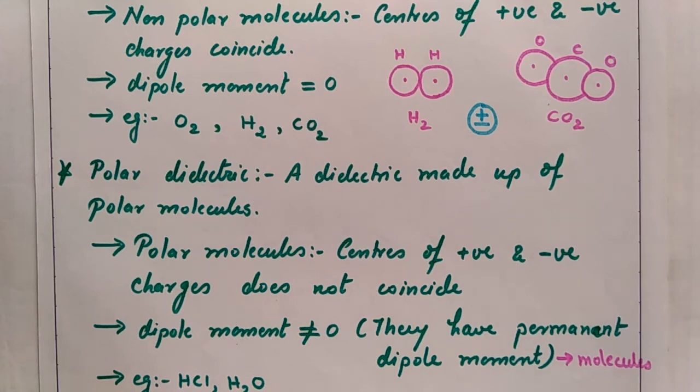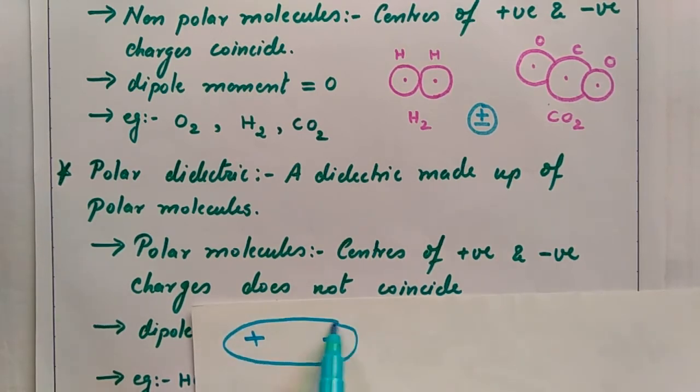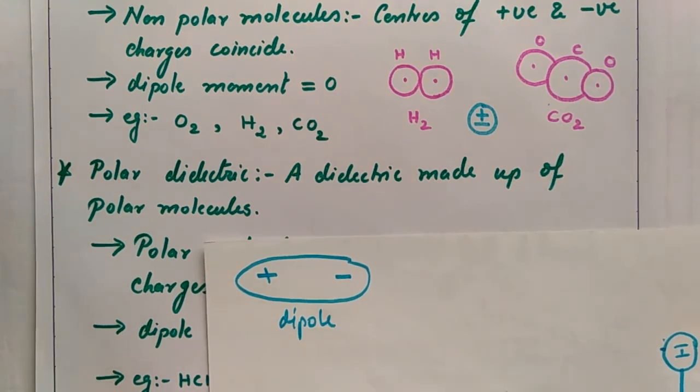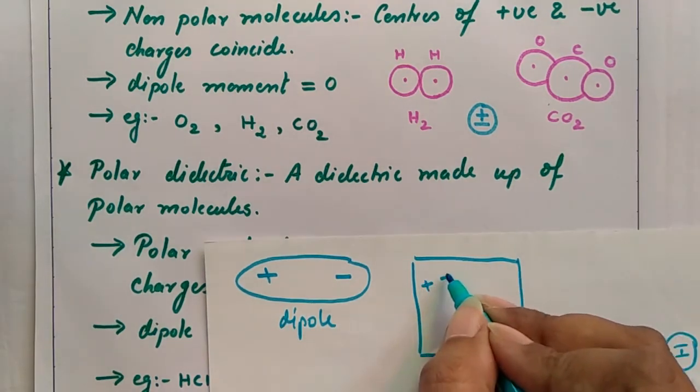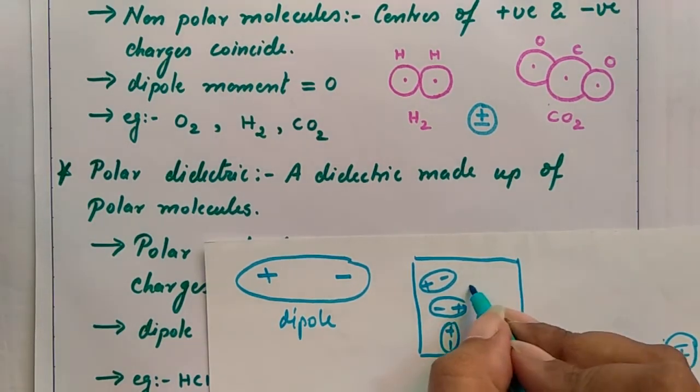Just see, polar molecule means the positive and the negative charge centers will not coincide. They will be far away from each other. So suppose this side is positive and this side is negative, so this creates a dipole. So this happens in a molecule. So now I can say that this molecule has permanent dipole moment. But if I am talking about polar dielectric slab, then if I am drawing this polar dielectric slab, it is going to have molecules which are polar. So suppose this is one molecule, this is another molecule, this is another molecule.